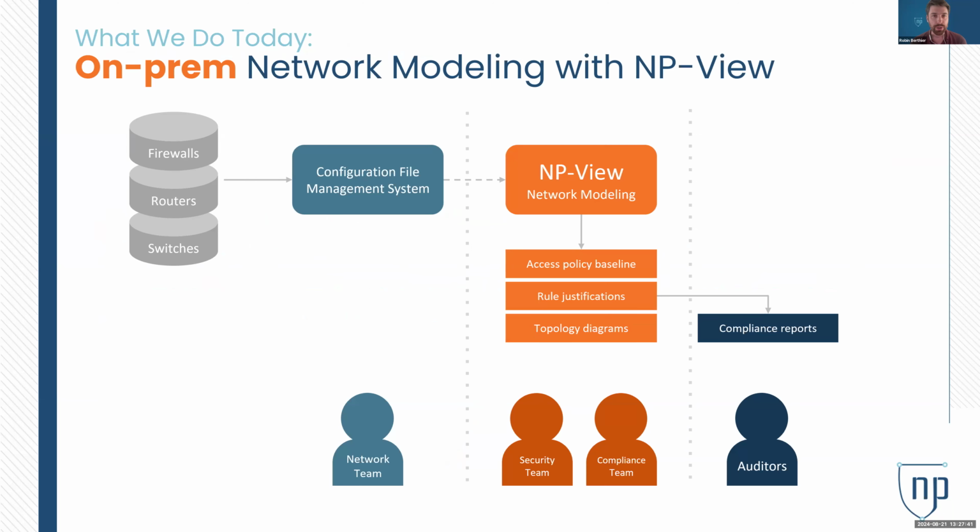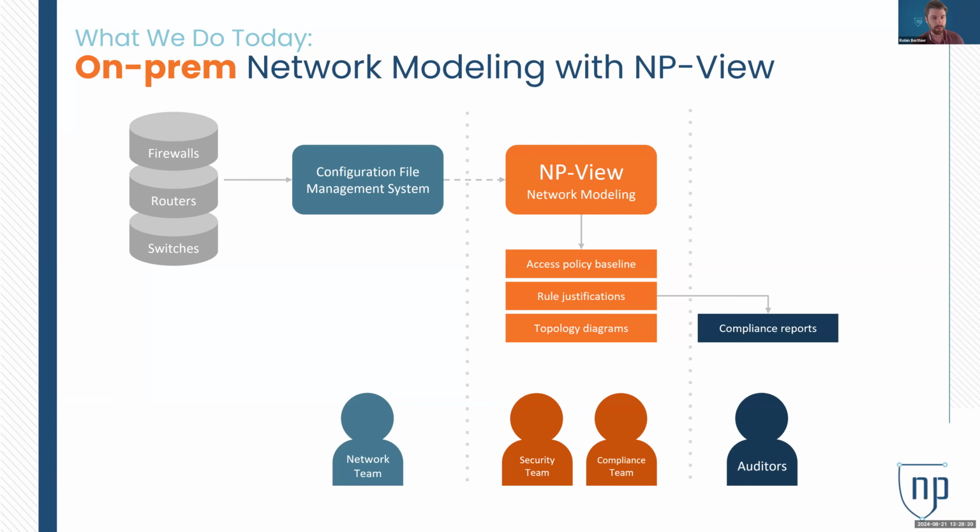The technology works today completely on-prem. So again, nothing in the cloud as of today. We model networks based on config files that we ingest from firewalls, routers, and network switches. From that network modeling, we produce a topology diagram, a visual map of how the network is configured, as well as a variety of reports around firewall rule sets, what rules are overly permissive, and which configuration may have security risks or compliance risks.